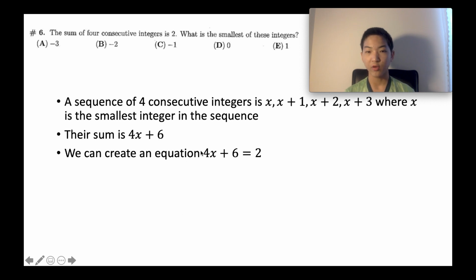Thus, we can create an equation 4x plus 6 equals 2, because remember, the sum of these 4 consecutive integers is 2. And then 4x plus 6 represents the sum, where x is the smallest of the integers. So subtracting 6 from both sides, we get the equation 4x equals negative 4. And finally, x is equal to negative 1 for C.